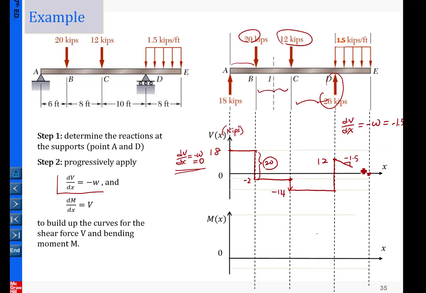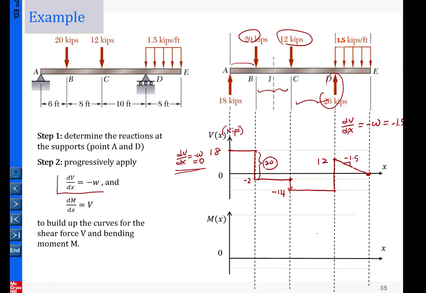So now it provides you a check. If everything so far is correct, then this straight line with negative slope of minus 1.5, when it progresses this distance, must meet here, and that provides you a check.